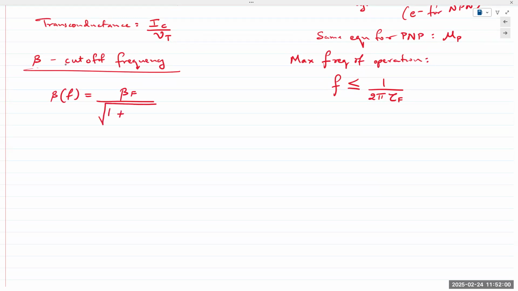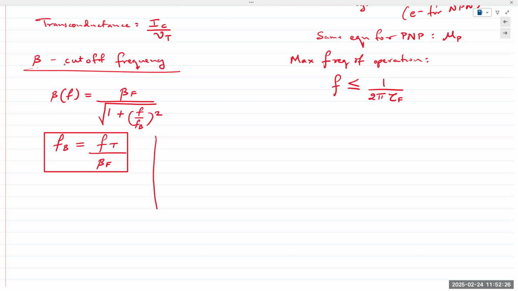So 1 plus f over f_B, the whole square, where f_B, the beta cutoff frequency, is given by f_T over beta_F. And then your graph would look something like this.